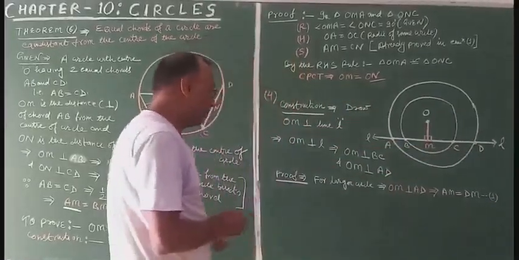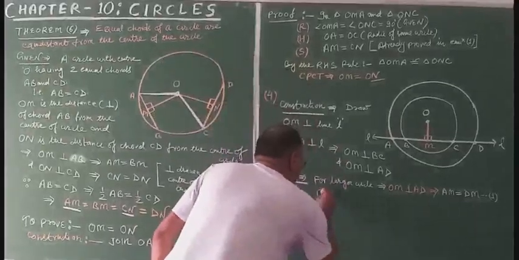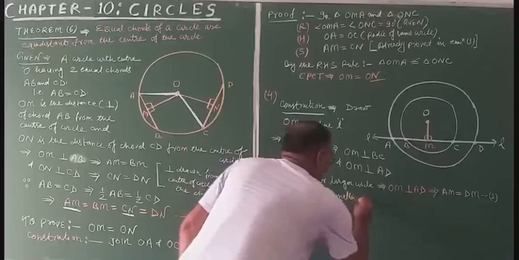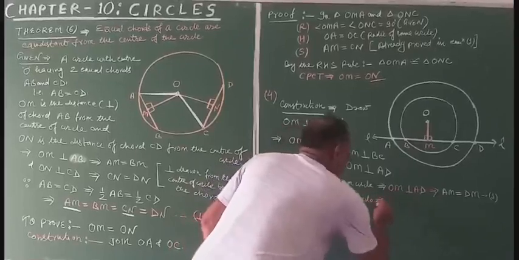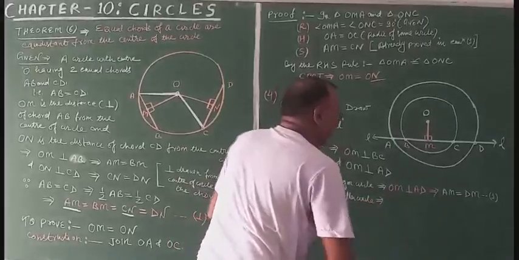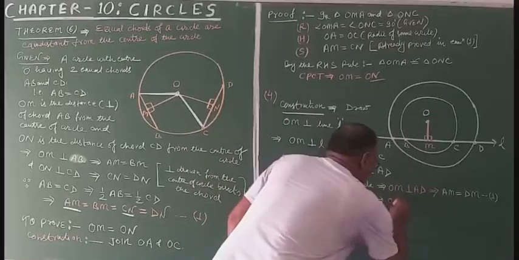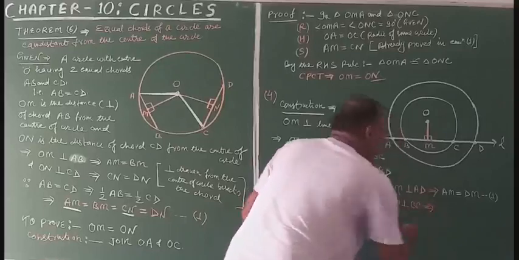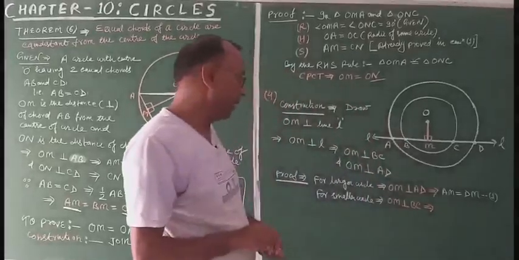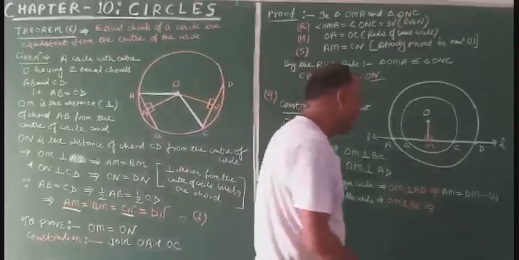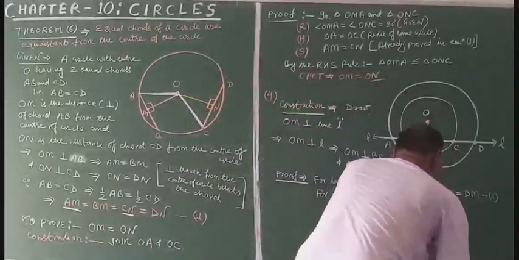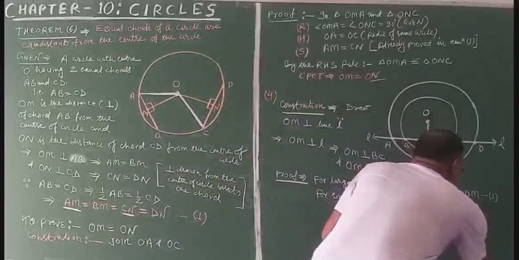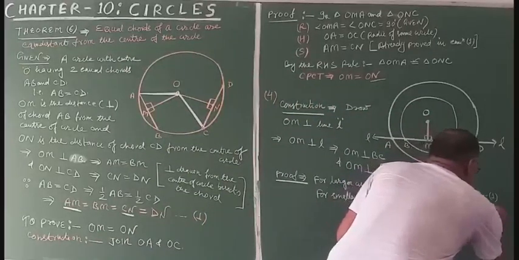And the second one, for the smaller circle, what will happen? This OM will be perpendicular to BC, and then BM will be equal to CM. This is equation number 2.